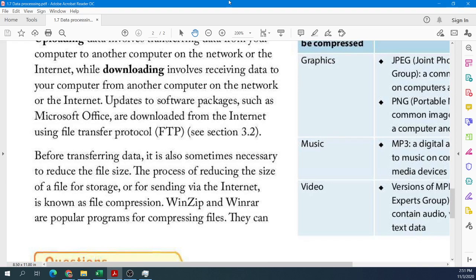Before transferring data, it is also sometimes necessary to reduce the file size. The process of reducing the size of a file for storage or for sending via the internet is known as file compression. WinZip and WinRAR are popular programs for compressing files.